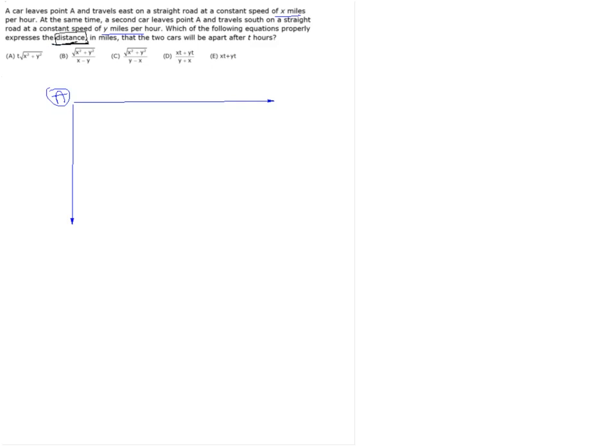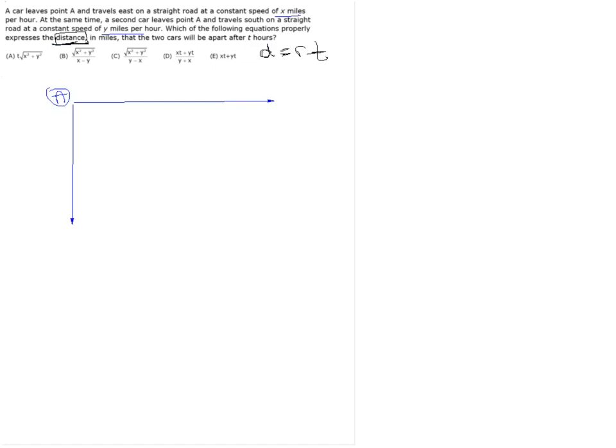All we need to say to ourselves is that distance is equal to the rate an object travels multiplied by the traveling time. And it's that simple.